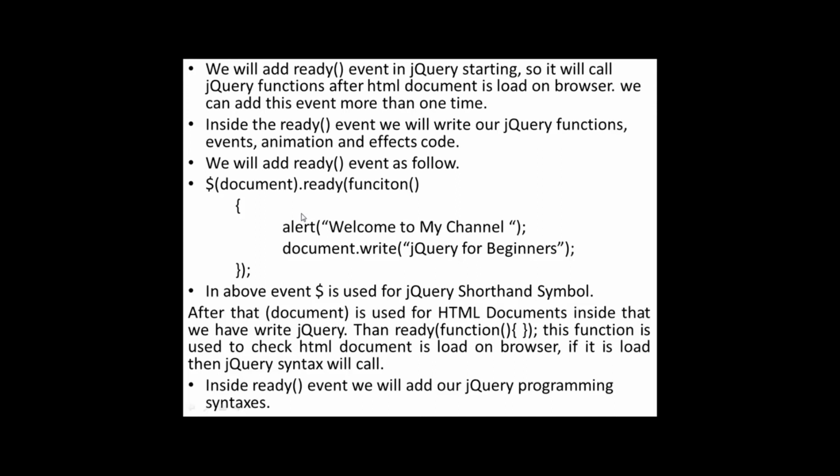Then I have mentioned the word document inside the round braces. This document word is for the HTML document, inside which we are writing jQuery programming, and it is checked by the ready event. So after the document I mentioned the dot sign.